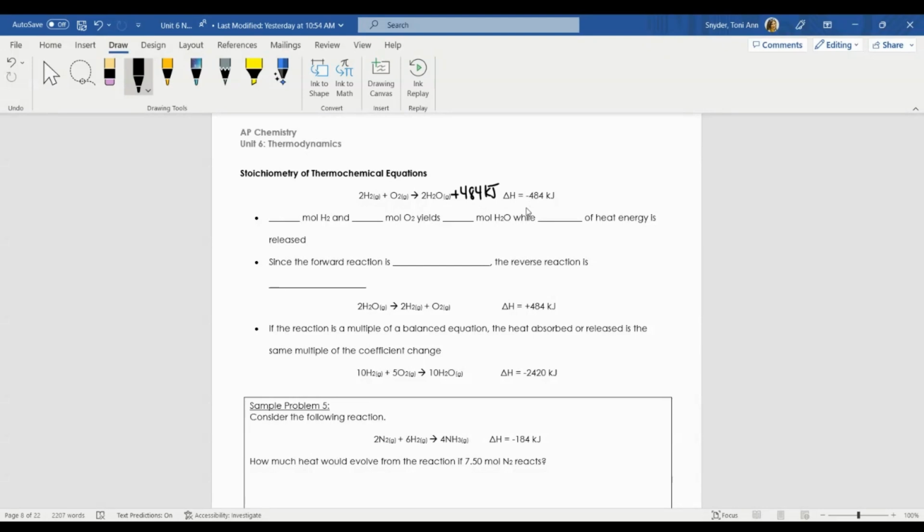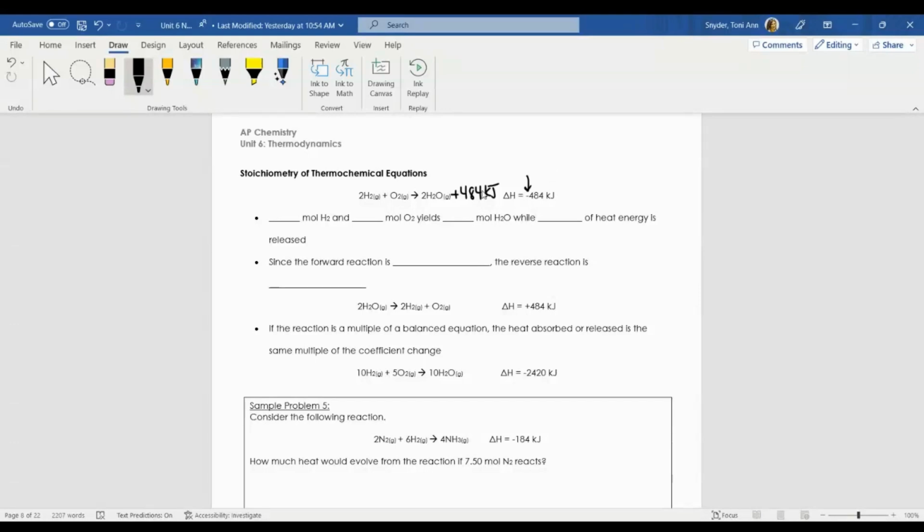I don't have to worry about the negative sign. The negative sign just tells me whether this is a reactant or a product. Because I'm placing that 484 as a product, I don't have to include the negative sign. This is more for semantics, to tell me where this is going, product side or reactant side.